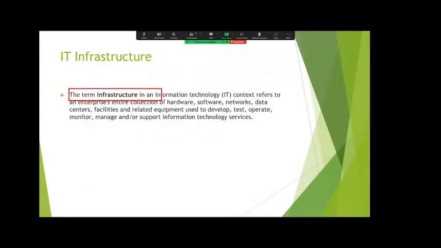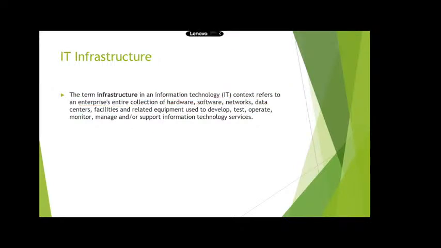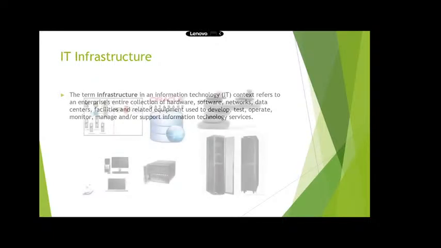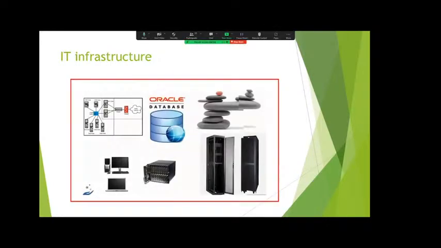The term infrastructure in information technology refers to a collection of hardware, software, switches, network, and load balancer, called IT infrastructure. Now, to maintain our own IT infrastructure, we require what? One DC. What is the DC? Data center.